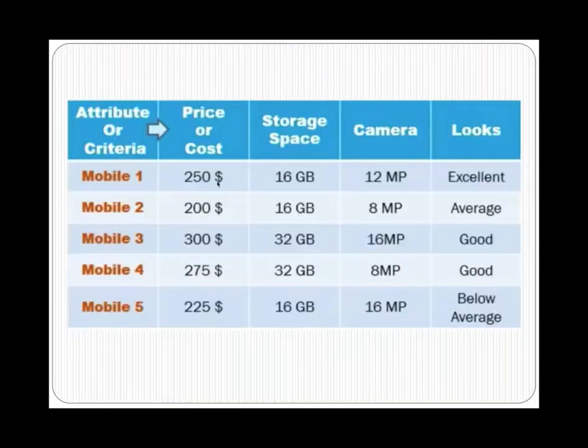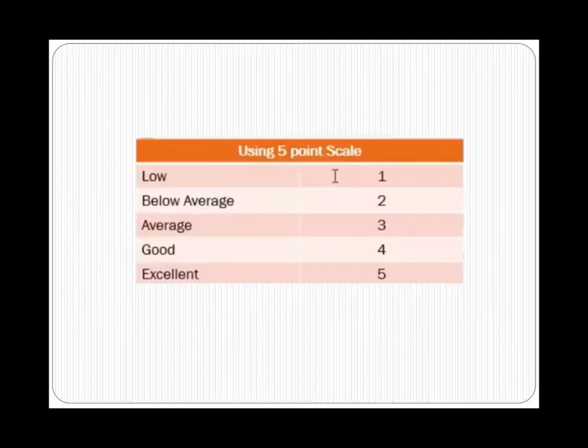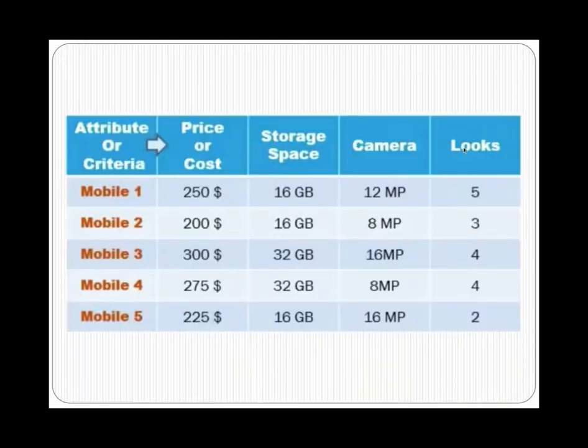We have different mobiles, and we have the cost of each mobile, the storage space, the camera and the looks. As discussed earlier, we can't keep all of these looks in the form of text. So we label encode them to make them an ordinal feature. So this will be a categorical feature having an ordinal value.